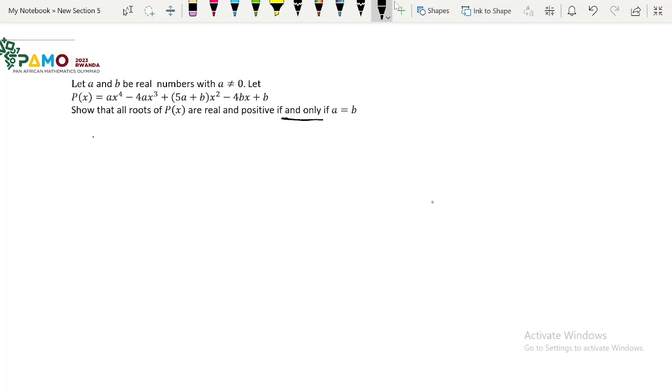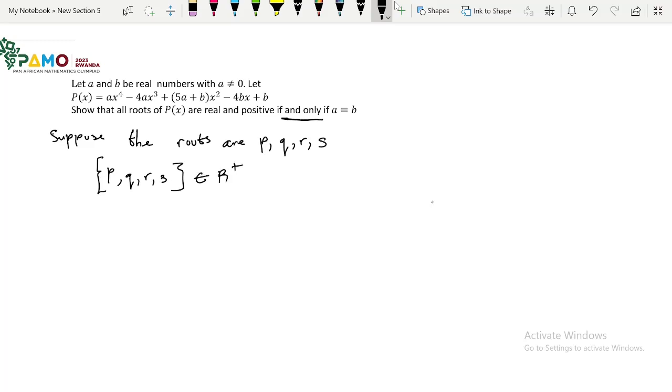Let's start with, suppose the roots are p, q, r, s. Then we have to show that this set of roots p, q, r, s are positive reals if and only if a equals b. So this means two things.